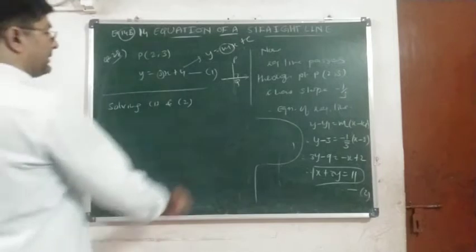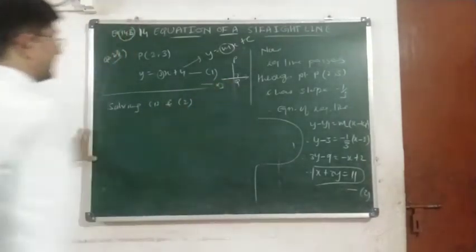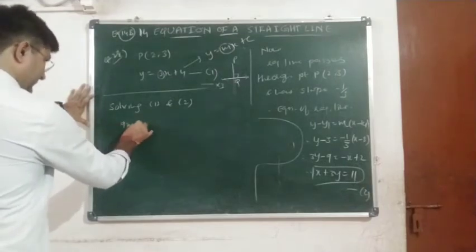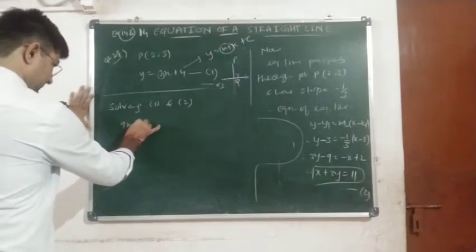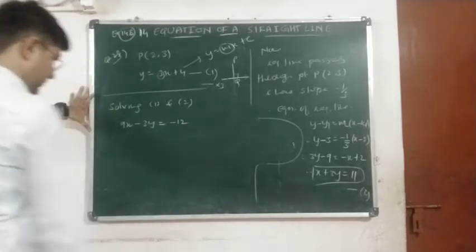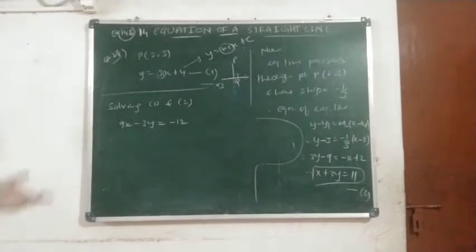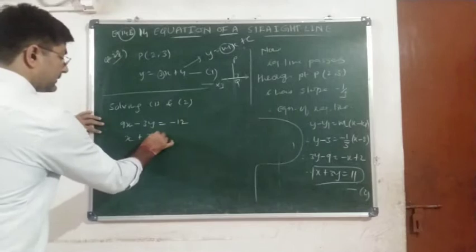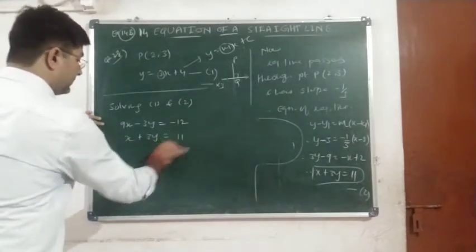Okay, we can do one thing: we can multiply equation 1 by 3. 3 times 3x is 9x, minus 3y equal to 4 times 3 is 12. So 3x minus y equals minus 4 becomes 9x minus 3y equals minus 12, and the other equation is x plus 3y equal to 11.